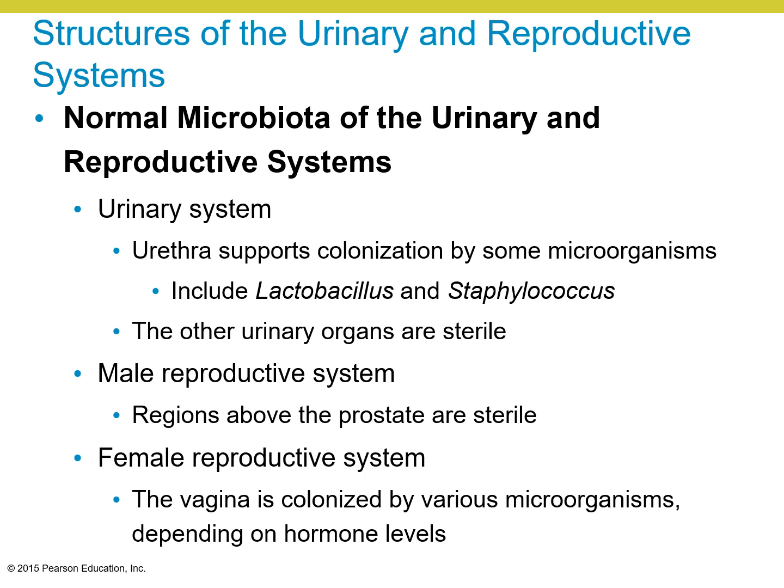All right, normal microbiota of the urinary and reproductive system. The urethra normally supports the growth of some microbiota, chiefly avirulent species such as Lactobacillus, Staphylococcus, and Streptococcus, which are harmless and do not cause any type of infection.